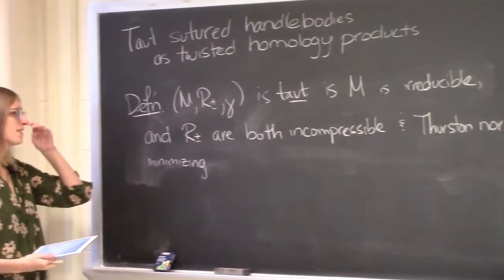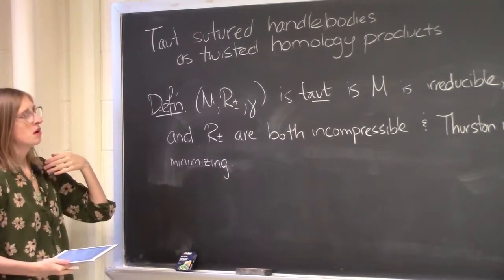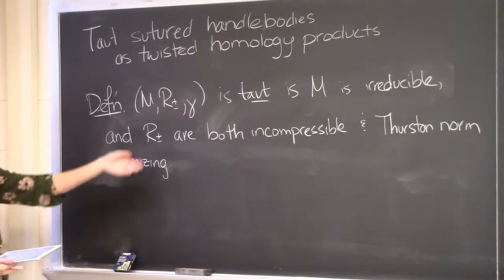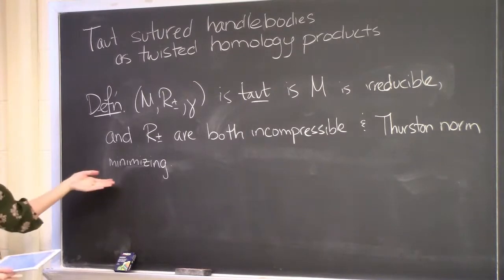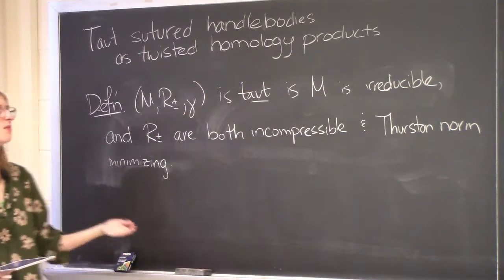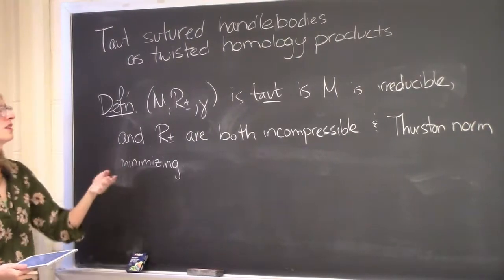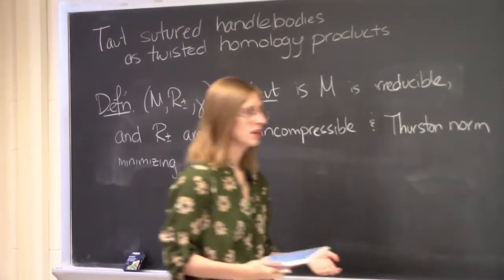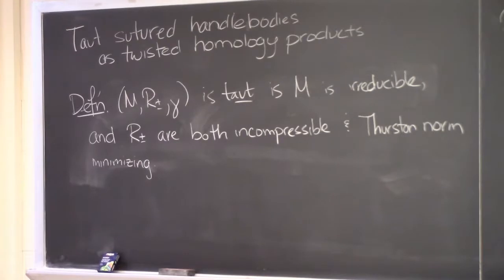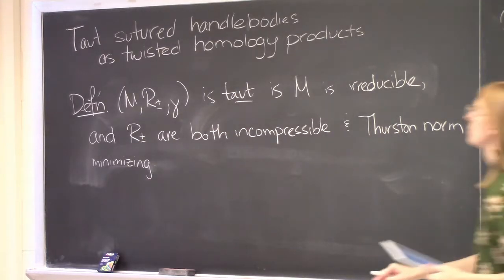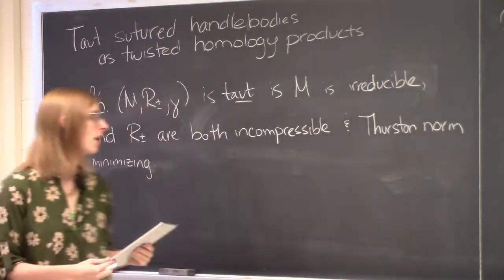And maybe I'll remark that as I've defined this, it seems a little bit gratuitous. I'm basically just reformulating what I was asking before, is this Thurston norm minimizing? But this idea of tautness is related to the theory of taut foliations. You can define tautness in that context in terms of admitting a foliation of a certain type, and that turns out to be the same definition as here.